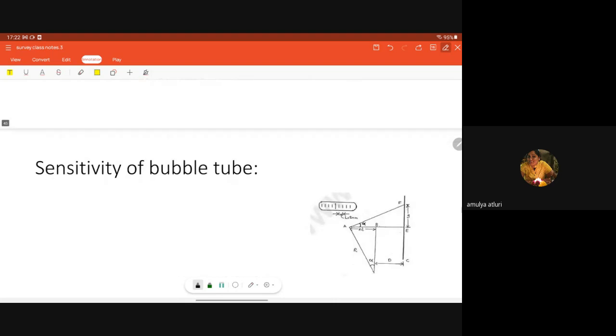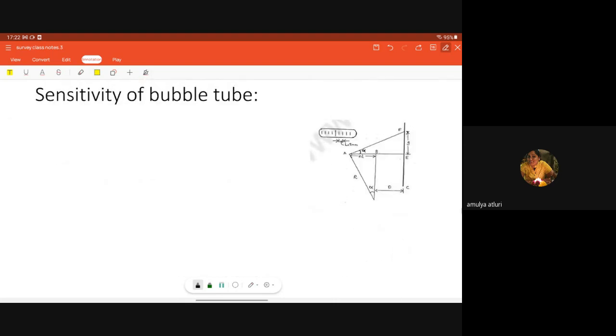Next is the sensitivity of bubble tube. As you have seen, one bubble tube is present in the instrument. Why do we need a bubble tube? To fix the horizontal axis and to eliminate the errors. If we want to fix it horizontally with the help of the level tube, bubble tube, we will do that, right?